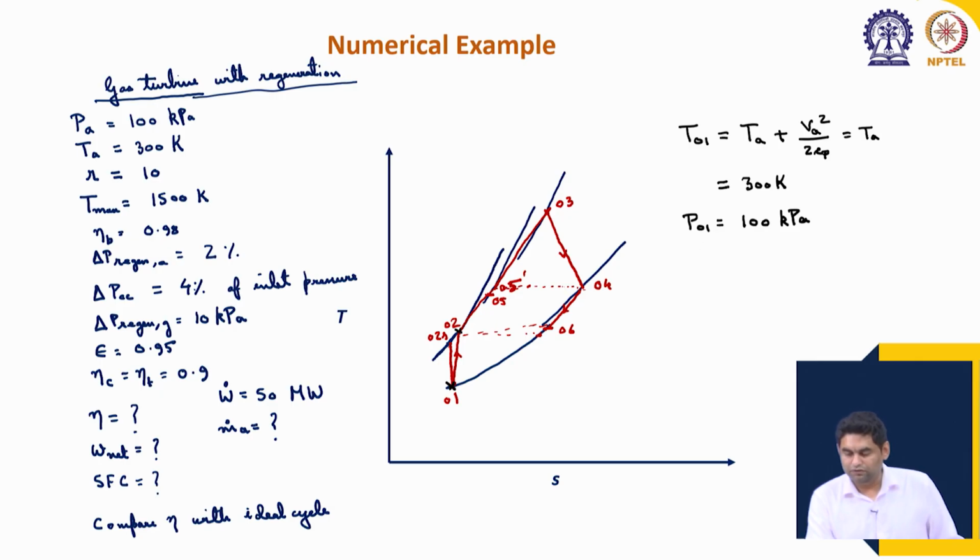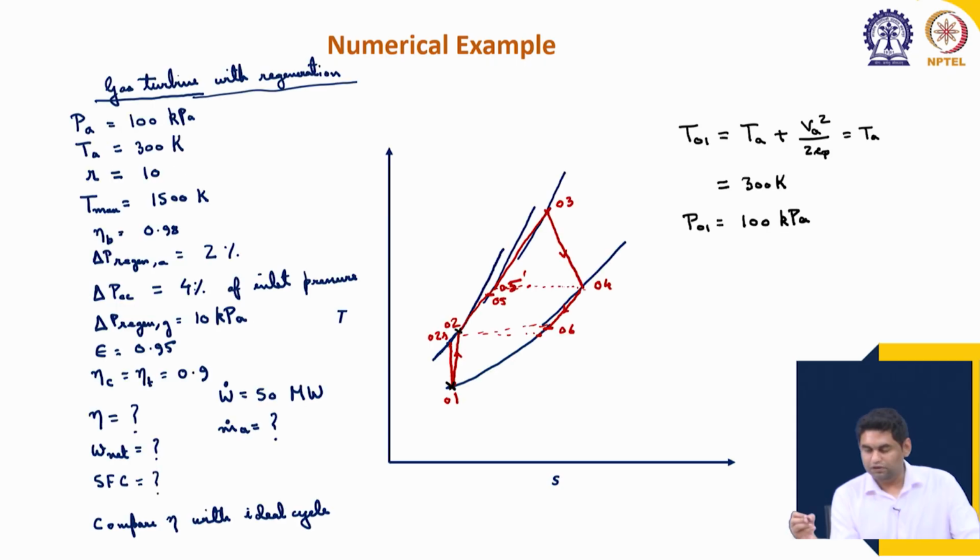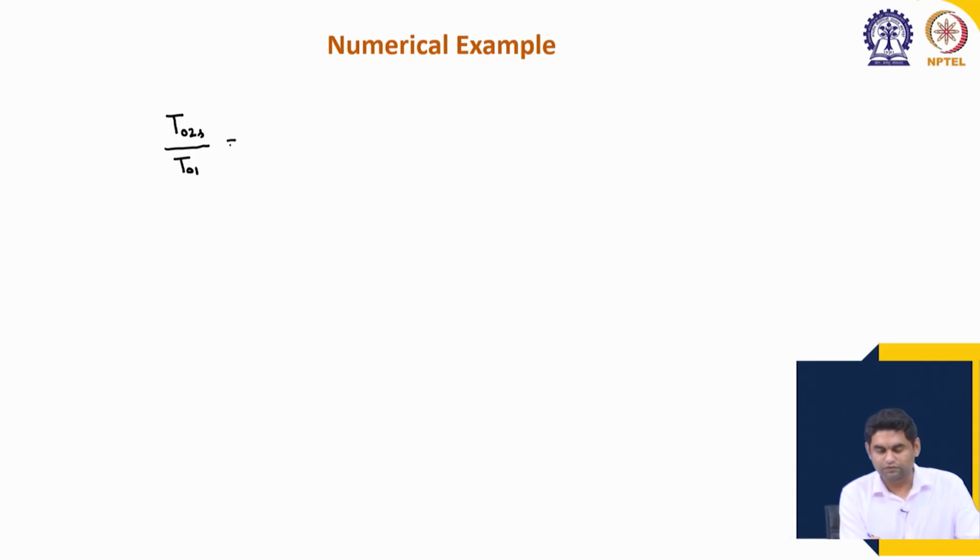So, first how do we get T02? So, we will get first T02s. Okay. So, I have to skip the slide. So, that is why it is better if you have the diagram open, if you draw the diagram. So, T02s by T01, remember T02s from T01 is isentropic process. So, T02s by T01 is equal to R to the power gamma of air, remember now that we are using separate gamma values, gamma of air minus 1 by gamma of air.